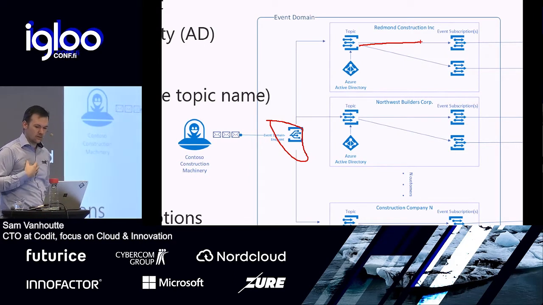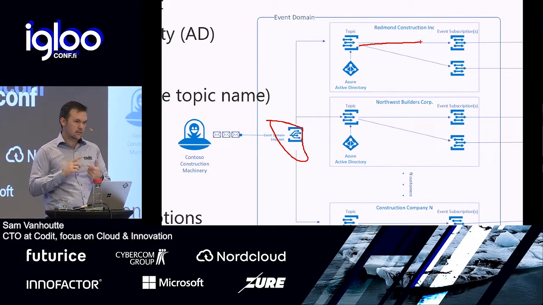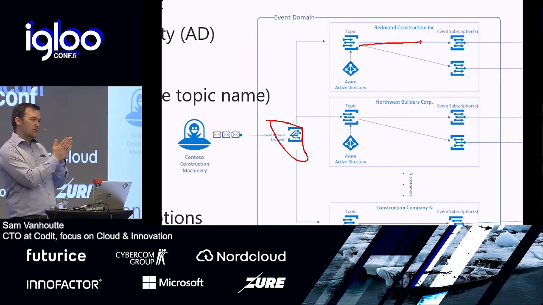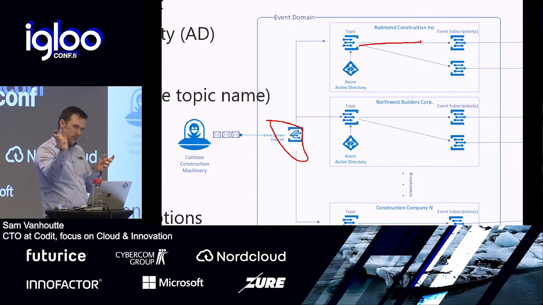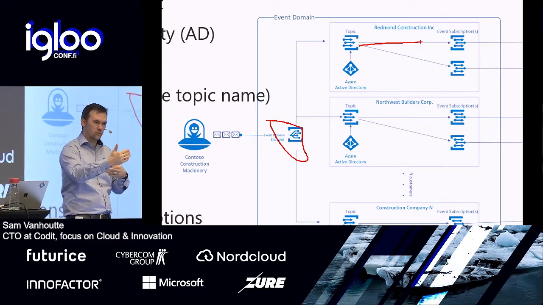So what I would hope is that I can do routing inside the domain by creating the rules there. Or another option could be if you could have an event grid topic subscribing to another topic, so that you have something like a forward to.